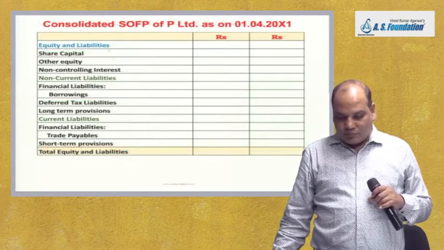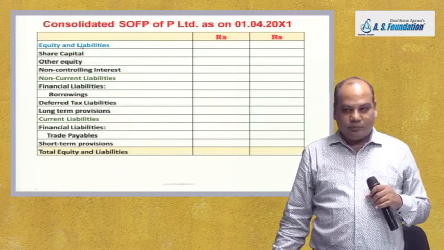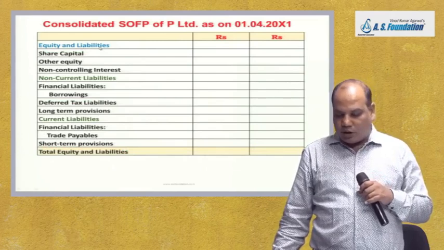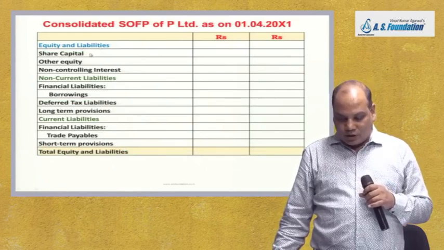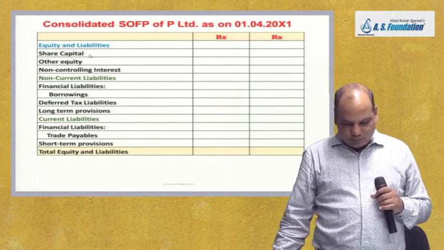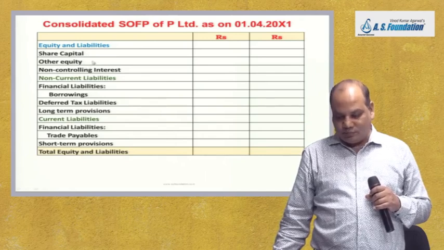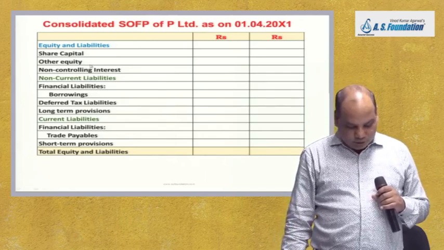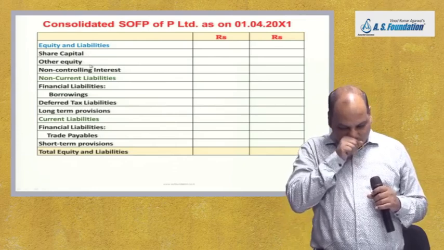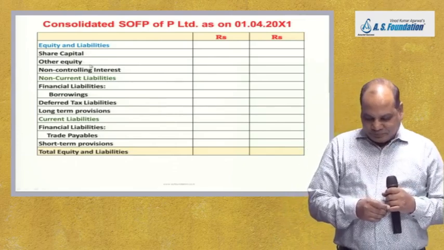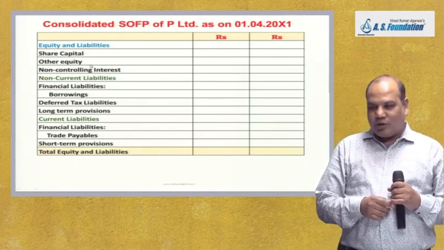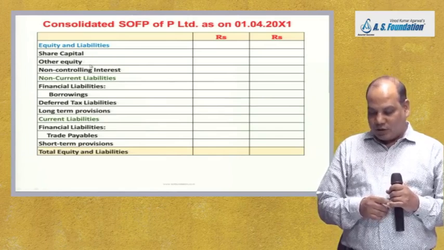Now write down equity and liabilities. Under that you write down share capital, then write other equity, then write non-controlling interest, NCI.